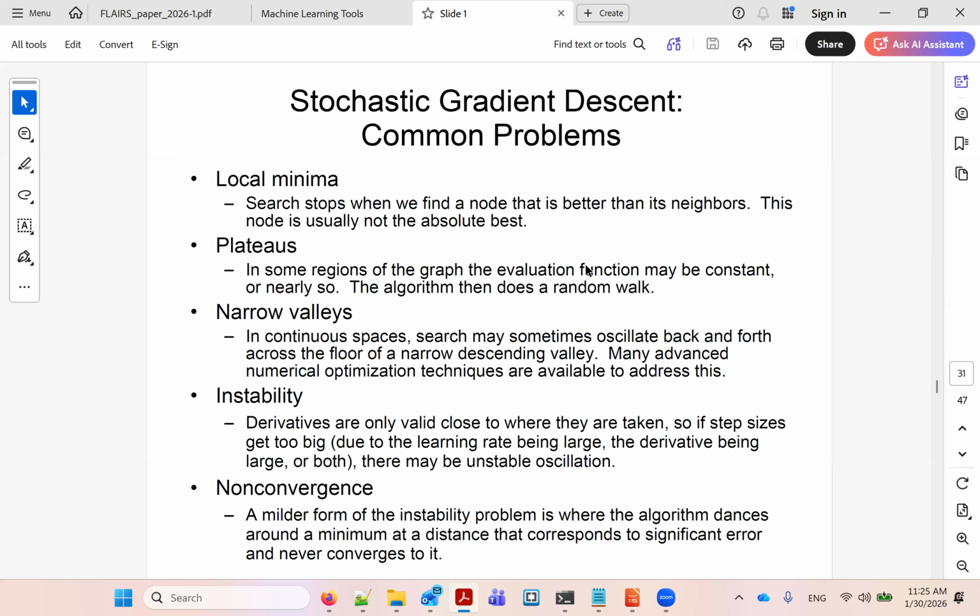You need to make sure your learning rate is small enough. And the other thing, and this is the new piece here: what's the difference with non-convergence? Non-convergence just means that if you imagine my learning rate was not so big that it bounced me further away, but it bounces me about the same distance away. That's non-convergence. I'll just end up bouncing back and forth from side to side. And this is also something that does happen.